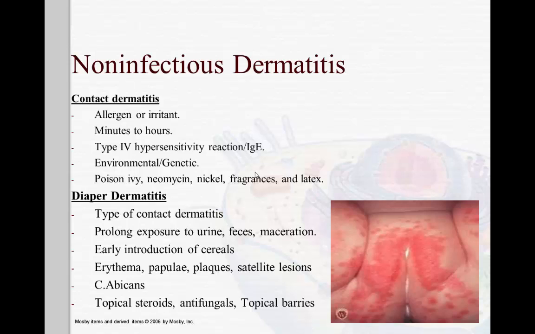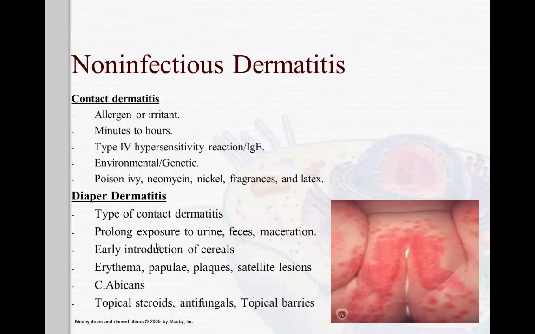When the new foaming soap came out in the hospitals for us to do very good hand hygiene, you would wash your hands, you would get in contact with this foam or the alcoholic material to rub your hands. Many nurses were allergic to that, so you could develop a contact dermatitis due to that, due to plants, due to pepper, or body fluids, as you could see here in diaper dermatitis.